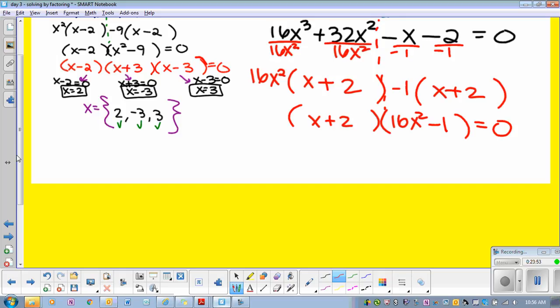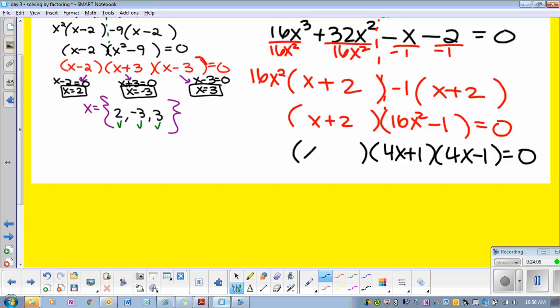Am I done factoring here? No, there's another one. Good. 4x plus 1, 4x minus 1, right? Don't forget to bring down your x plus 2.